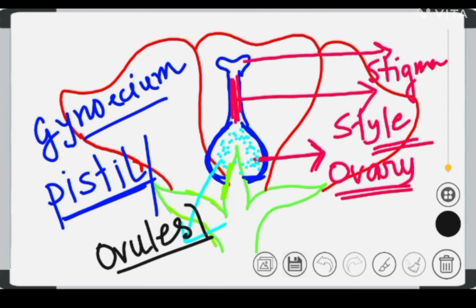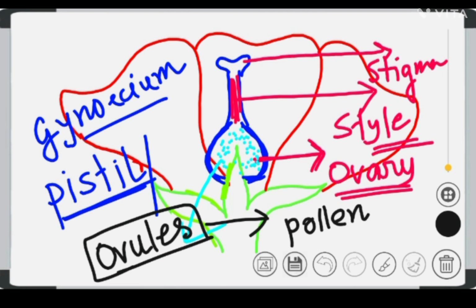This is the female gamete of the flower, and the pollen grain is the male gamete of the flower. Whenever these ovules and the pollen grains meet together, only then fertilization occurs, and as a result of fertilization the seed is made, and through the fruit the new plant is made.